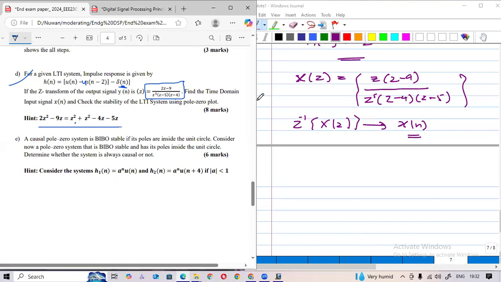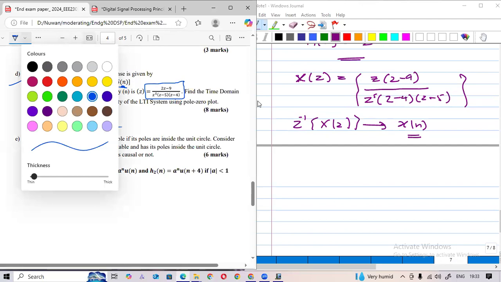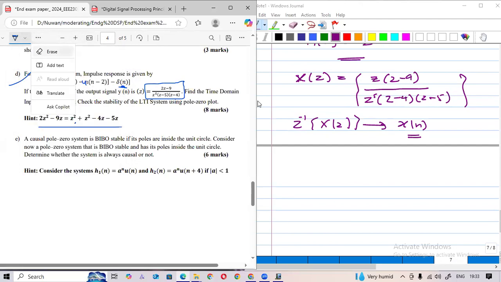There may be a printing mistake, or maybe there is a method also. It may not be a printing mistake. Anyway, for simplicity, I will take this as Z. Don't worry.